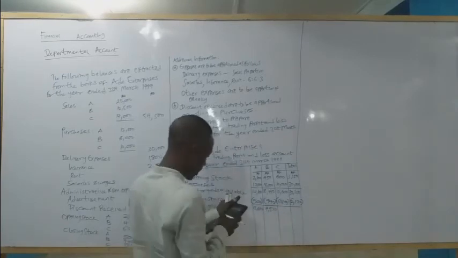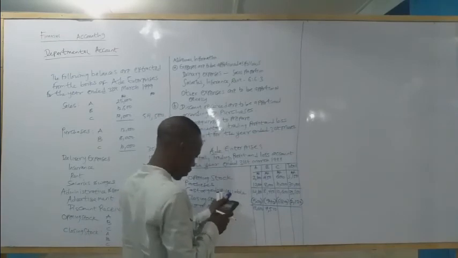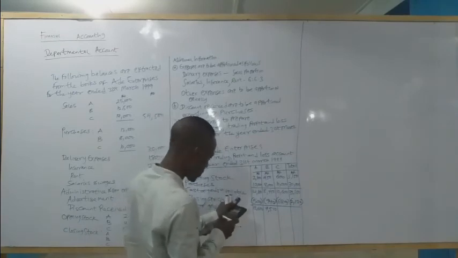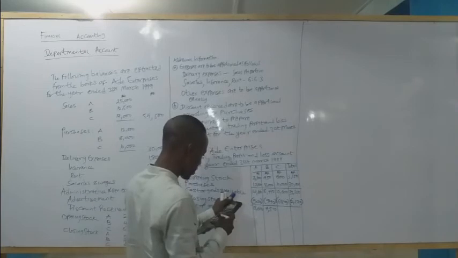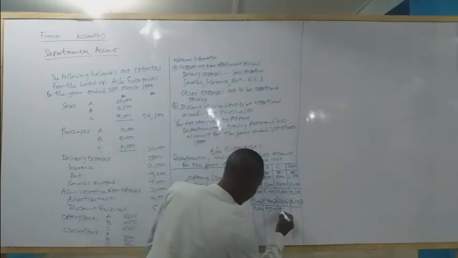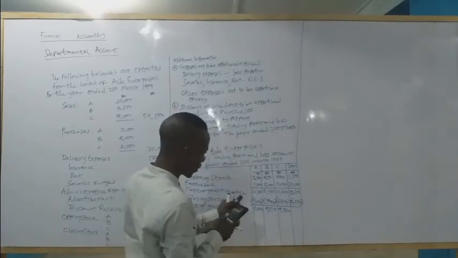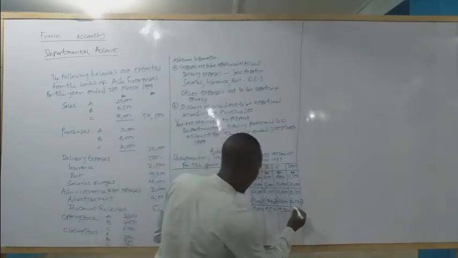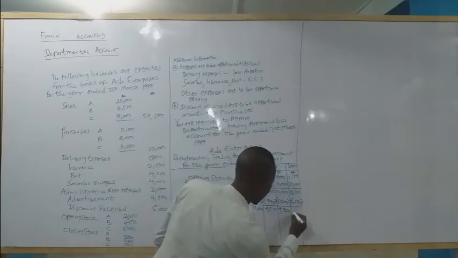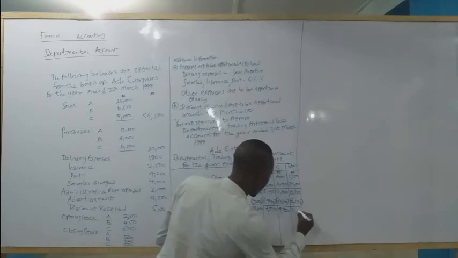Then here, 10,600 minus 680. We have 9,920. So from here, we then have what? 31,030.